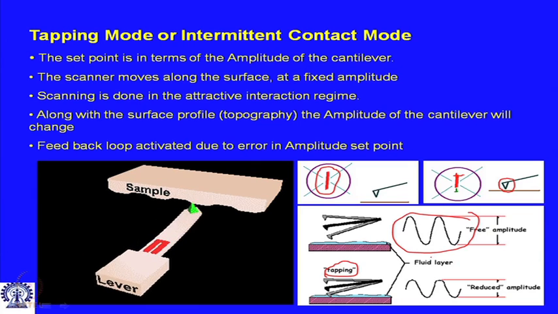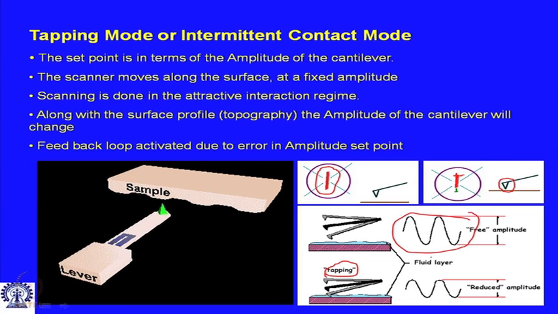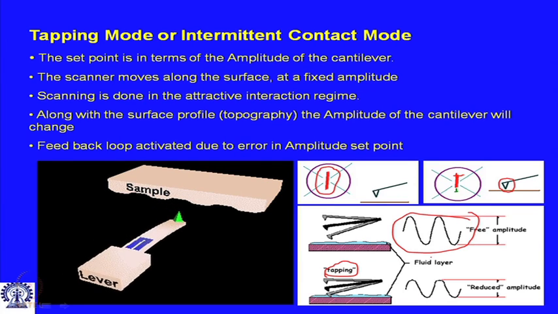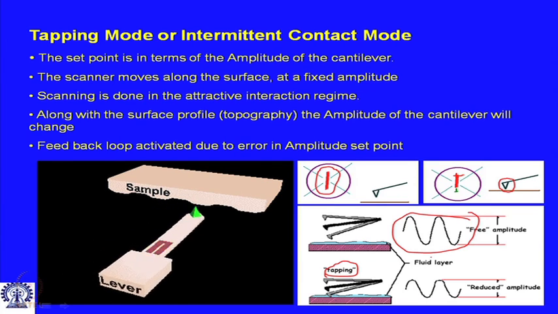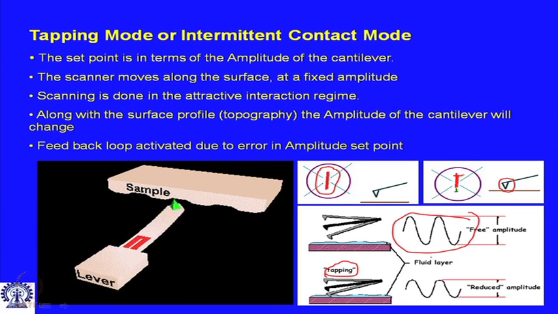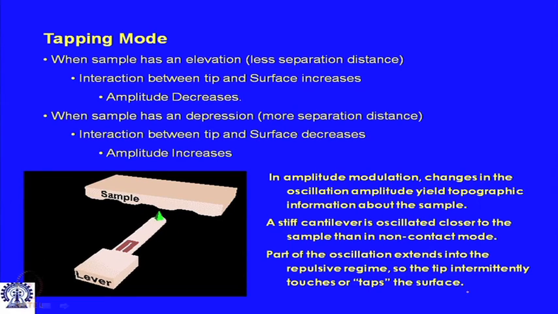Then from one point to the other, as the probe or the cantilever moves from one point to the other, there is further truncation, and that generates the error, and this error is given to the feedback loop to generate the error signal, and the piezo then retracts or contracts in the usual fashion, and the data gets generated. So, the final imaging option is very much the same.